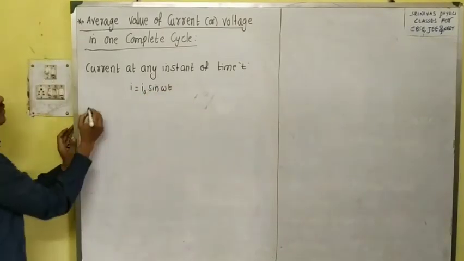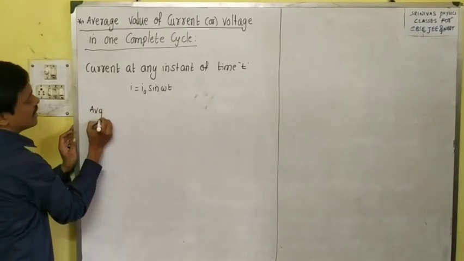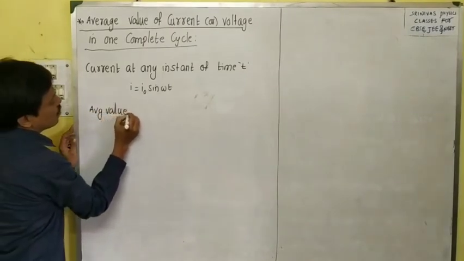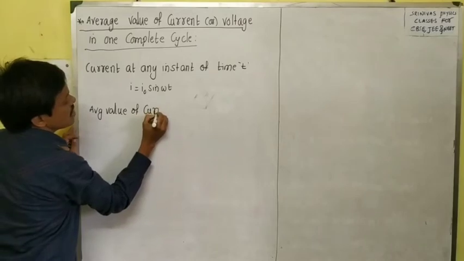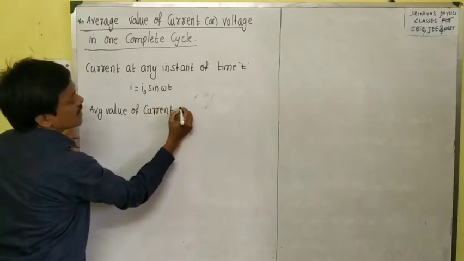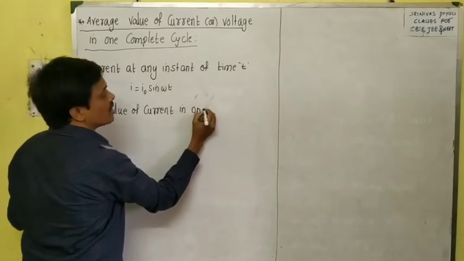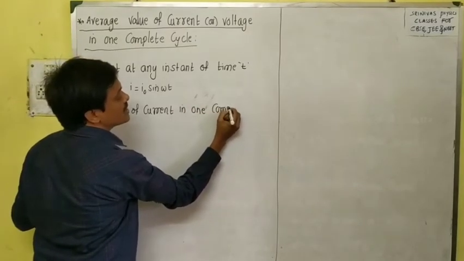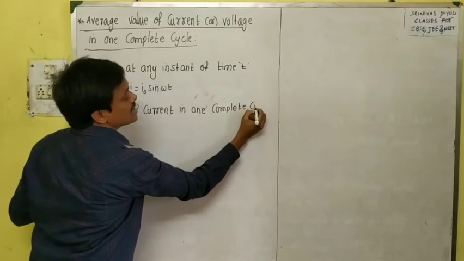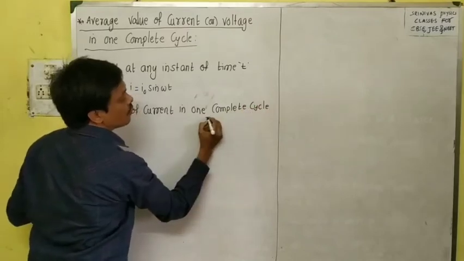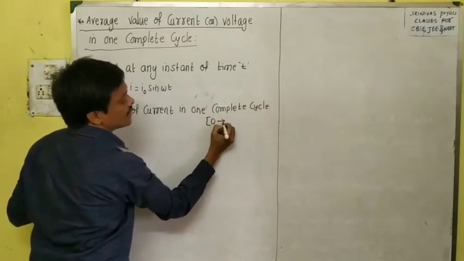Then I want the average value of current in one complete cycle. What is a complete cycle? For one cycle the time taken is capital T seconds.